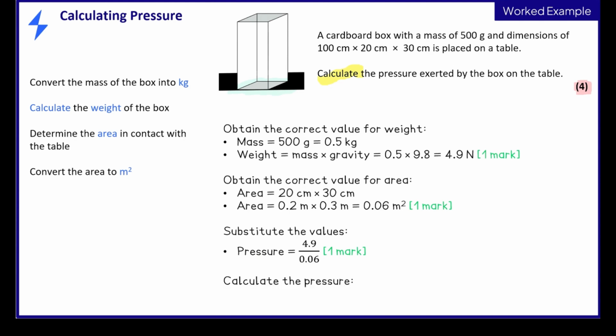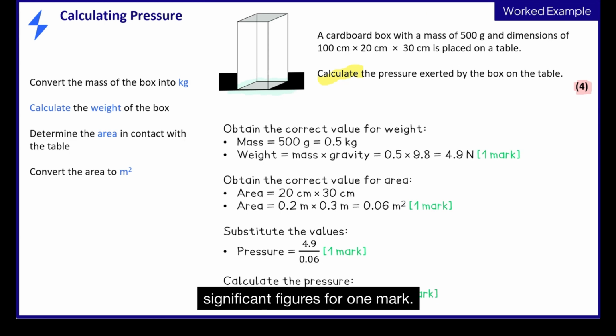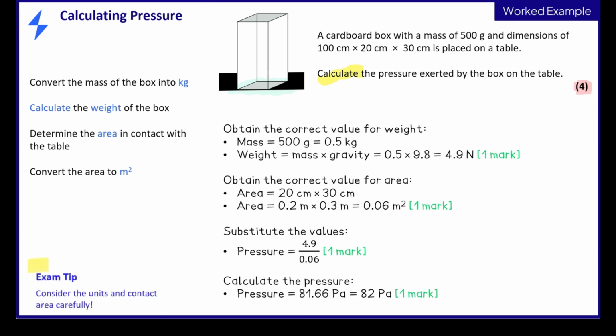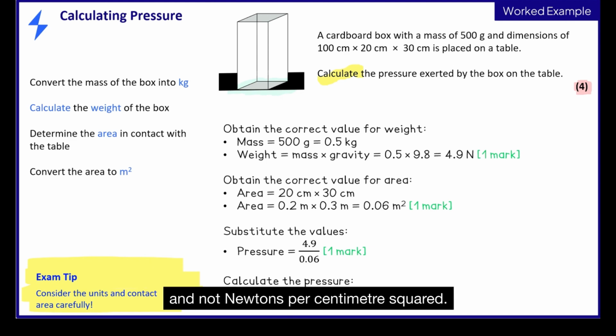Calculate the pressure. Pressure is equal to 81.66 pascals, which is equal to 82 pascals to 2 significant figures for 1 mark. Remember, pressure is measured in pascals, which are newtons per meter squared, and not newtons per centimeter squared.